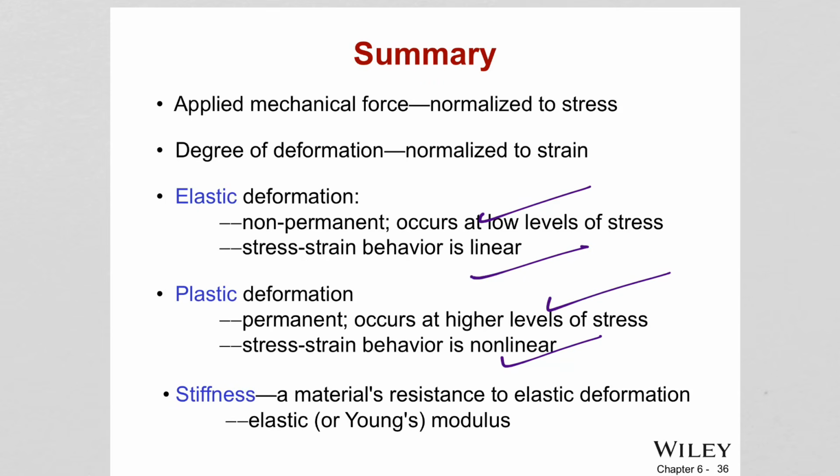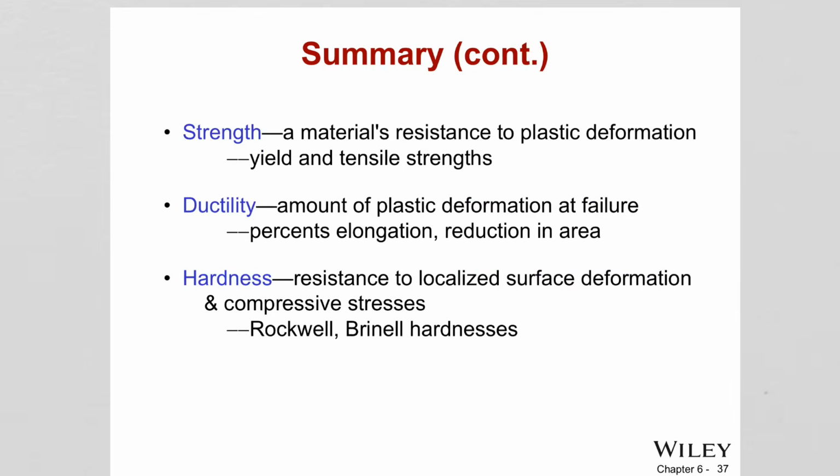Stiffness is a property of a material due to the atomic bonding strength. It determines the resistance to elastic deformation. If the material is difficult to deform elastically, we call it stiff. Try to deform a steel bar, for example, with your bare hands, right? It's difficult. But try to deform a material with low modulus like rubber, you can easily deform it elastically.